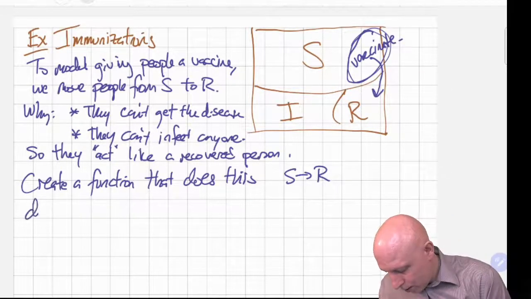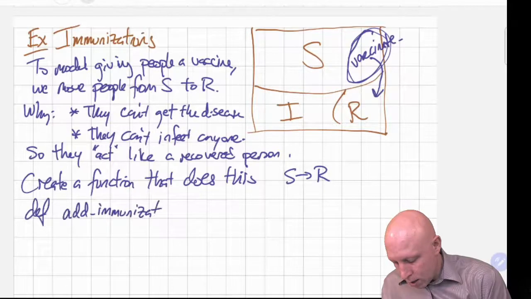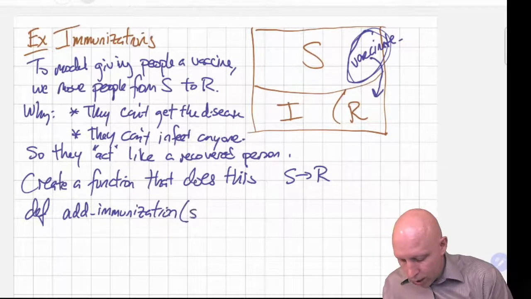All right, so we're going to define a function called add_immunization, which brings in our system object and our fraction.